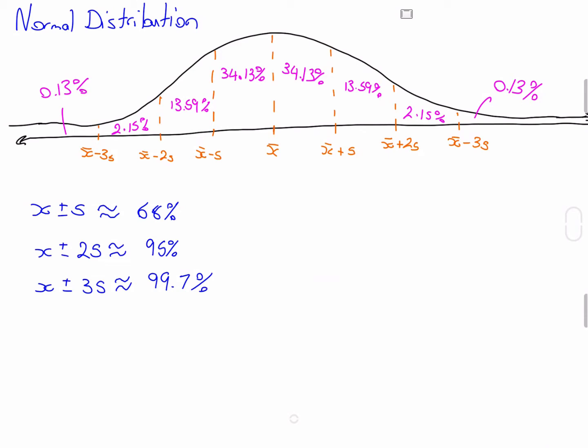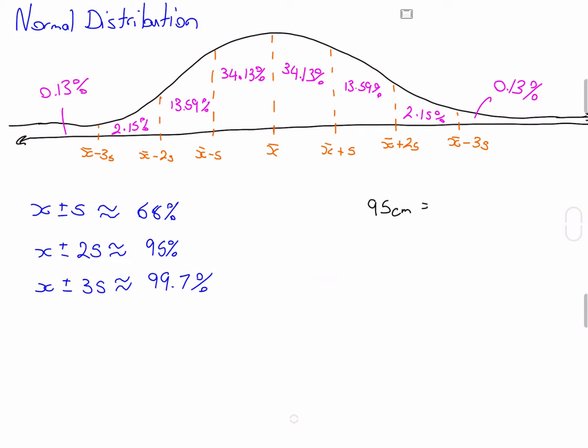So, if we want to look at an example now, let's do that. The chest measurements of 18-year-old male footballers are normally distributed with a mean of 95 centimetres and a standard deviation of 8 centimetres. So what does this mean?